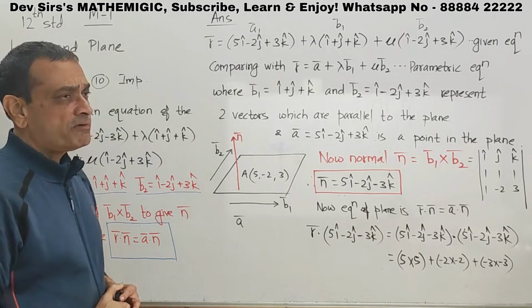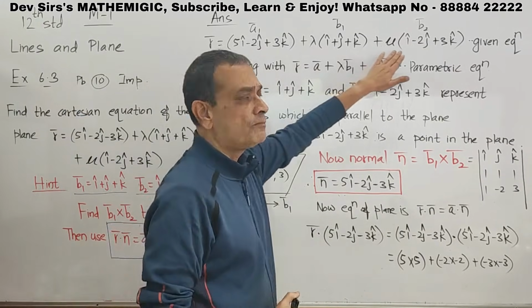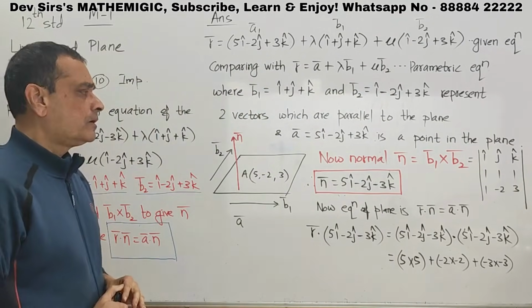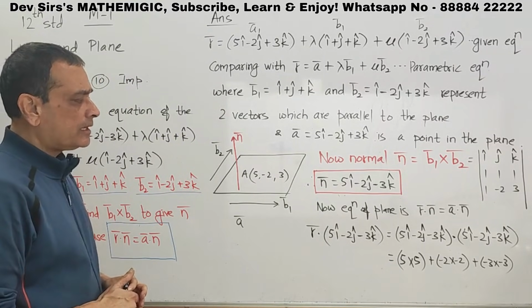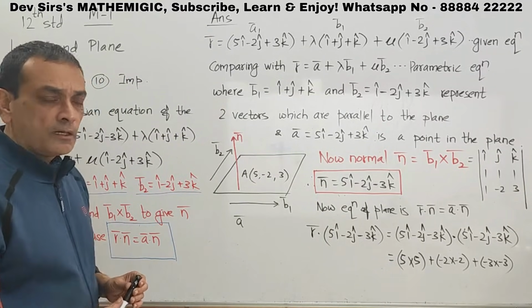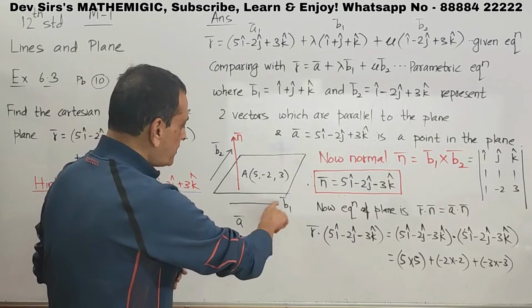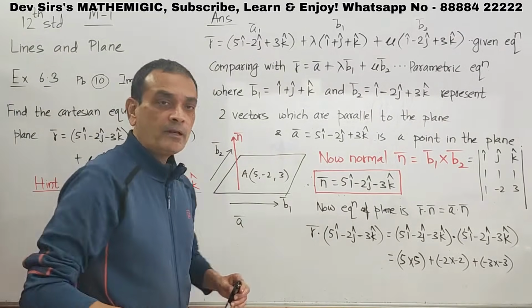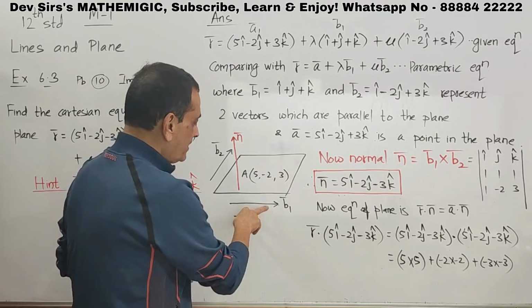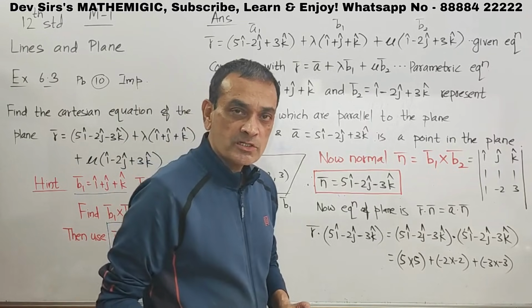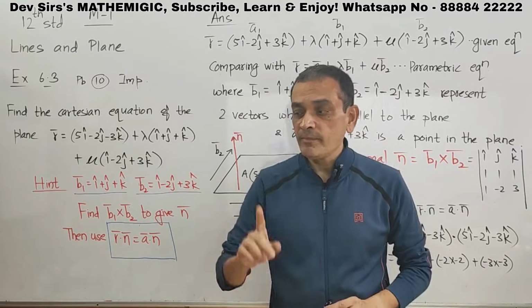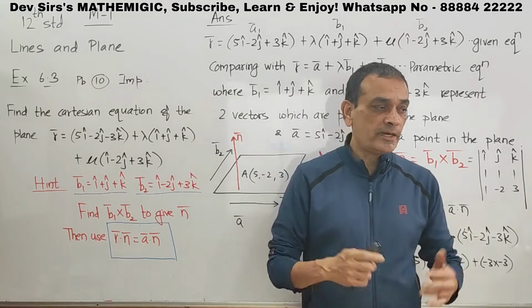There are always 3 brackets in parametric form, right? Now one important thing is that when you take the cross product or vector product of B1 and B2, you get a vector which is perpendicular to both B1 and B2. I'll just show you an example.